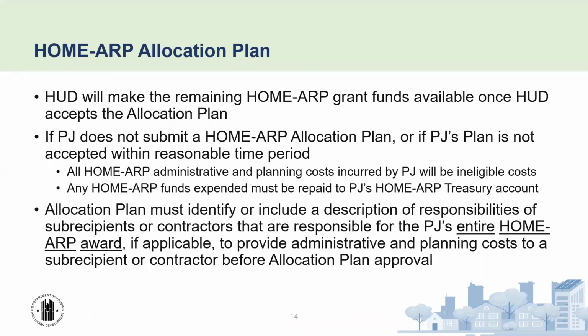If this is not included in the allocation plan, any administrative and planning costs incurred or expended by a subrecipient or contractor will also be considered ineligible, and any funds expended will be required to be repaid to the PJ's HOME-ARP investment trust fund treasury account.